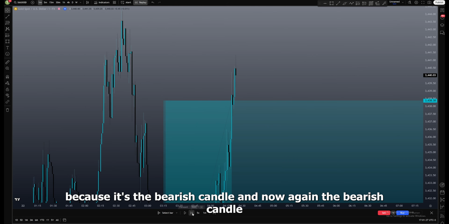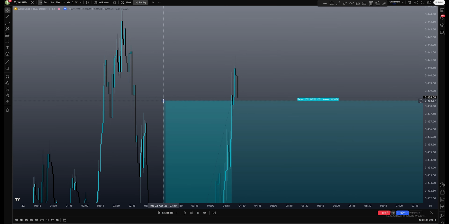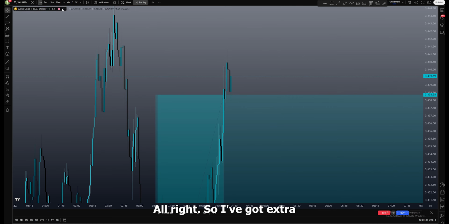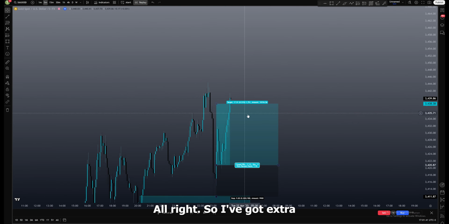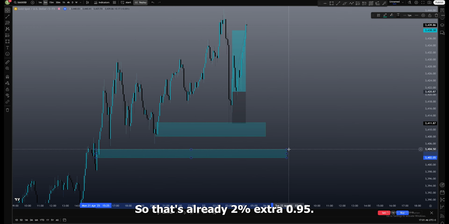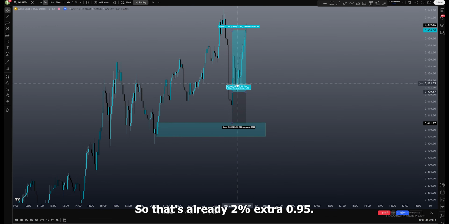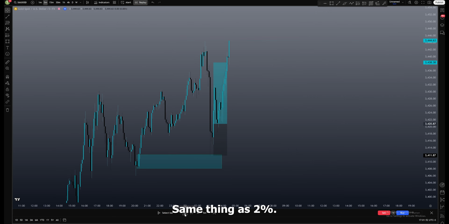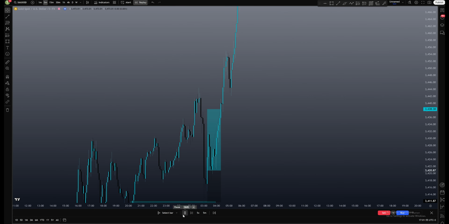Not going to put it there because that's a bearish candle. And now again a bearish candle, and I got stopped out over here. All right, so I got extra 0.5%. That's great. So that's already 2% extra. Let's just continue now.